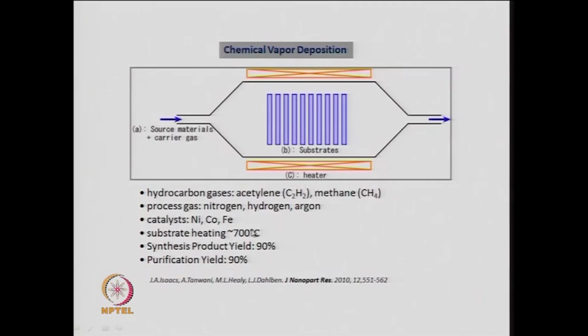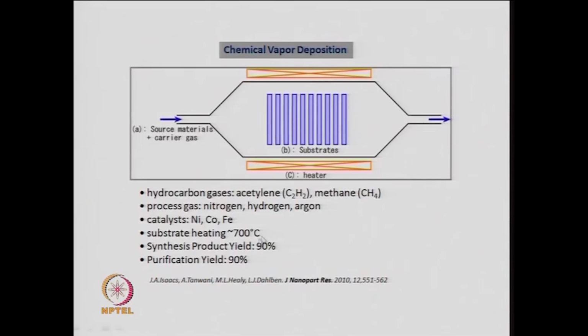So, the temperature of the substrate is around 700 degree centigrade, and what you are passing is the source of carbon. Here is a gas which is a hydrocarbon, and typically you use acetylene gas or methane gas for the carbon to deposit on the substrate, and when the carbon deposits on the substrate, it deposits in the form of carbon nanotube.